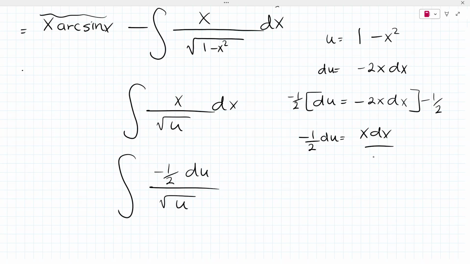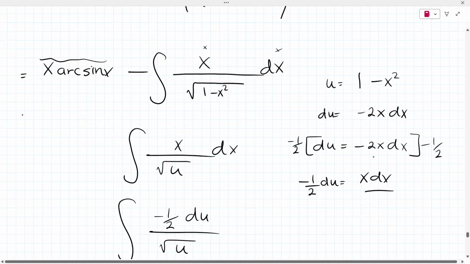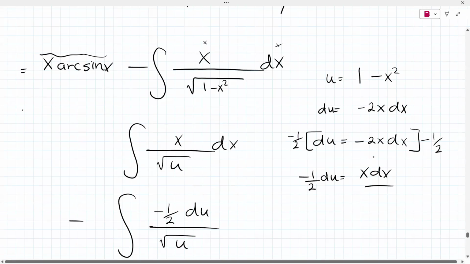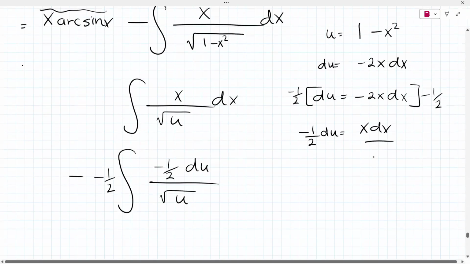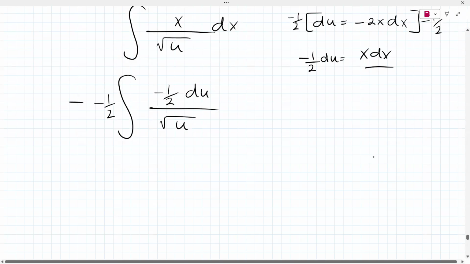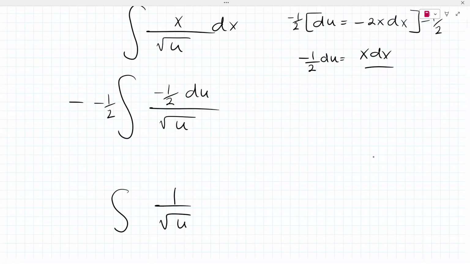And then you have a minus here, and then we can factor out this constant negative 1/2, take that out. So now you have the integration of 1 over square root of u du.